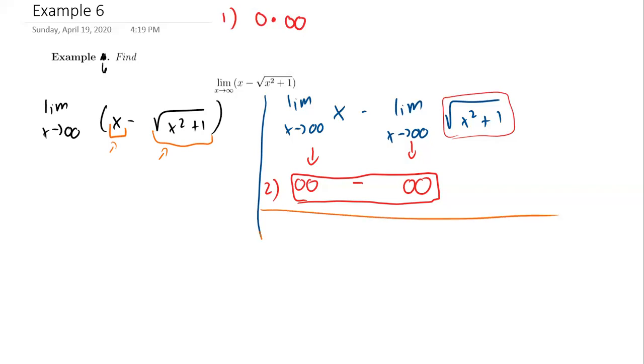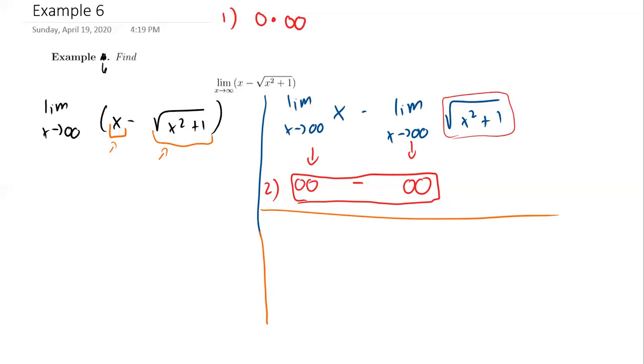So how are we going to do that? Well, I want to get an x out of the square root of x squared plus 1. The way I could do it is if I had an x squared inside the square root, just being multiplied. Remember, you can separate the square root as long as you have products. So if I had the square root of x squared, I could simplify that to x.